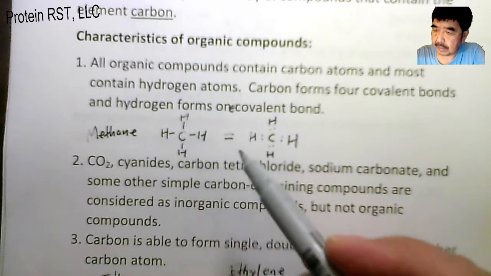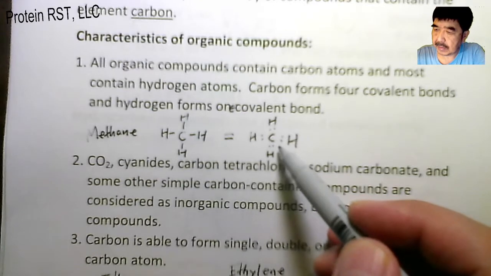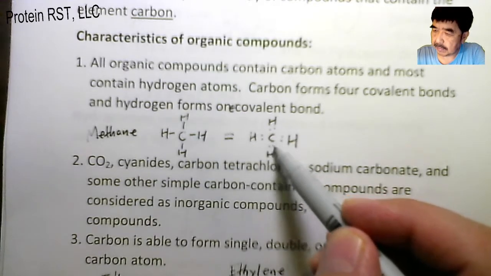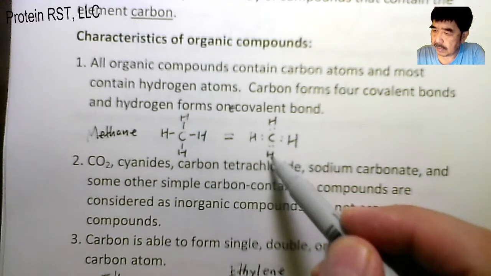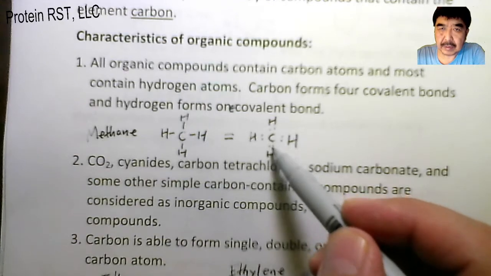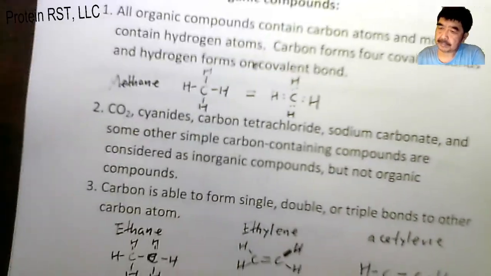On this side, you can see the Lewis structure, with electron pairs between carbon and hydrogen. There's 1 covalent bond.